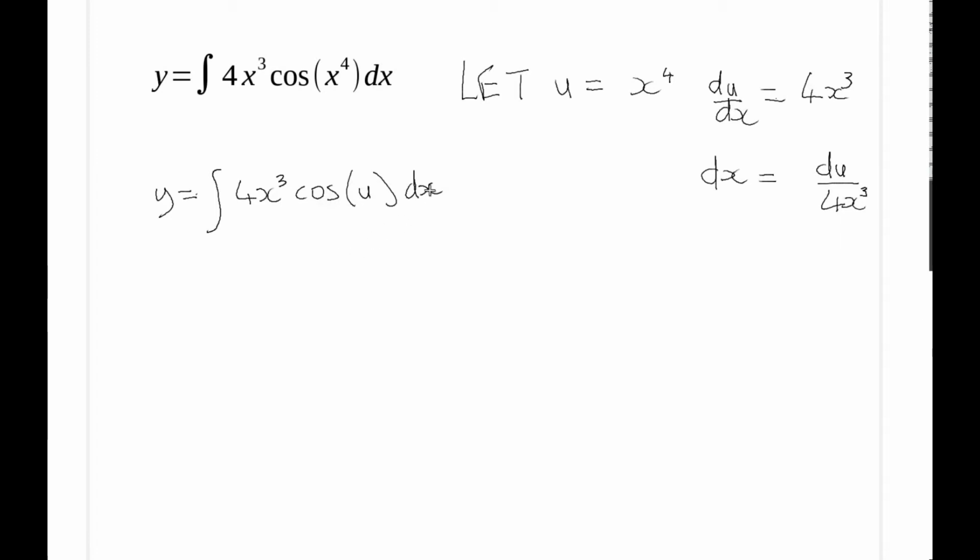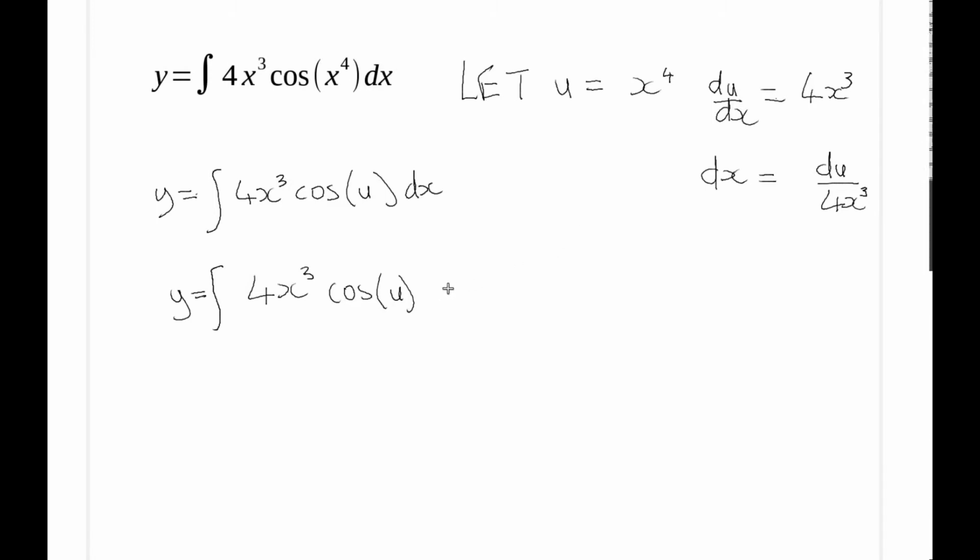So what we're going to do is change this term. So let's have a look. If I substitute in again, you should call this double substitution really. So we've got 4x to the 3 cosine u, and we've substituted in for dx this term here.